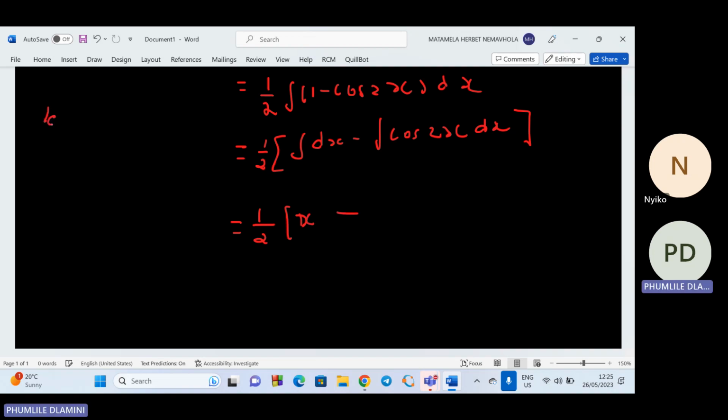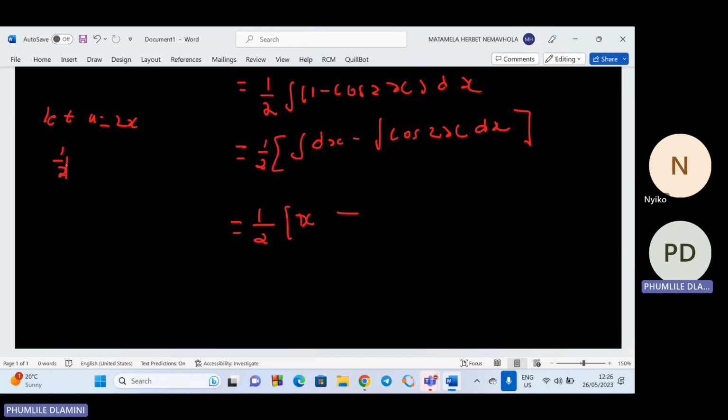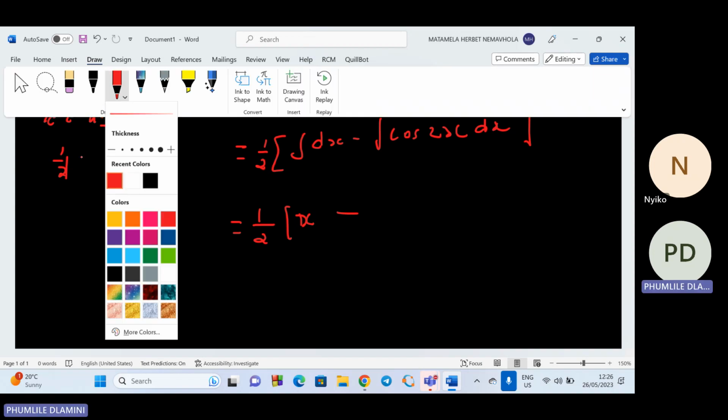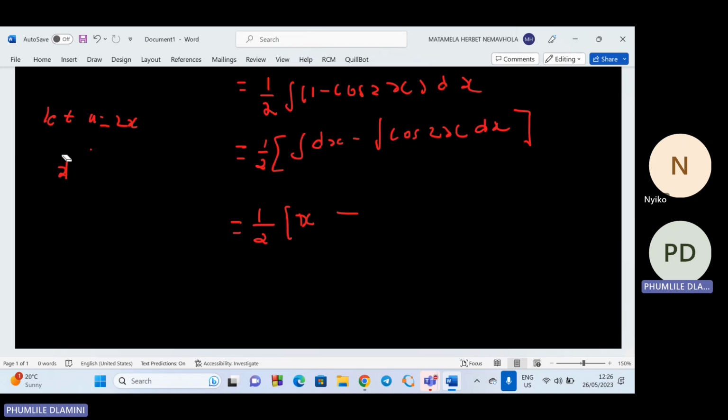We can let u equal 2x, but normally we know the answer is going to be 1/2. Normally, when you get to work this kind of integral, we don't really have to use this method anymore. The more you work with this kind of integral, you won't need to substitute.